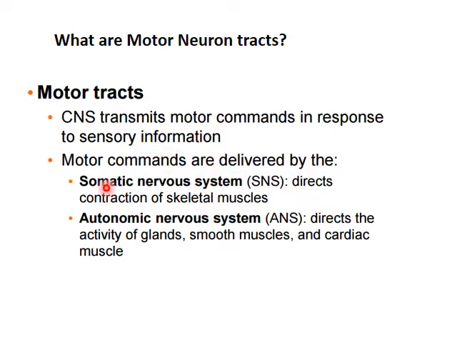The first is the somatic nervous system, which is responsible for the direction of voluntary contraction, that directs the contraction of skeletal muscles. The second is the autonomic nervous system, which is responsible for directing involuntary contraction, directing the activity of bulk systems such as glands, smooth muscles, and cardiac muscles.